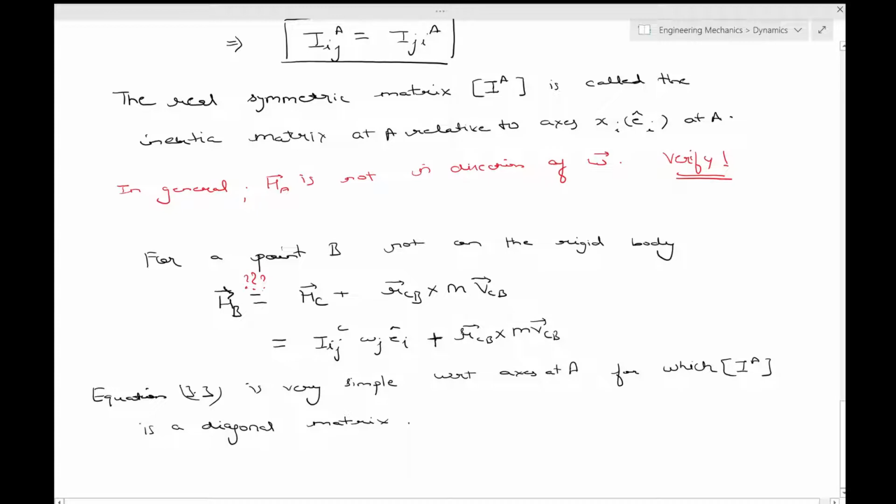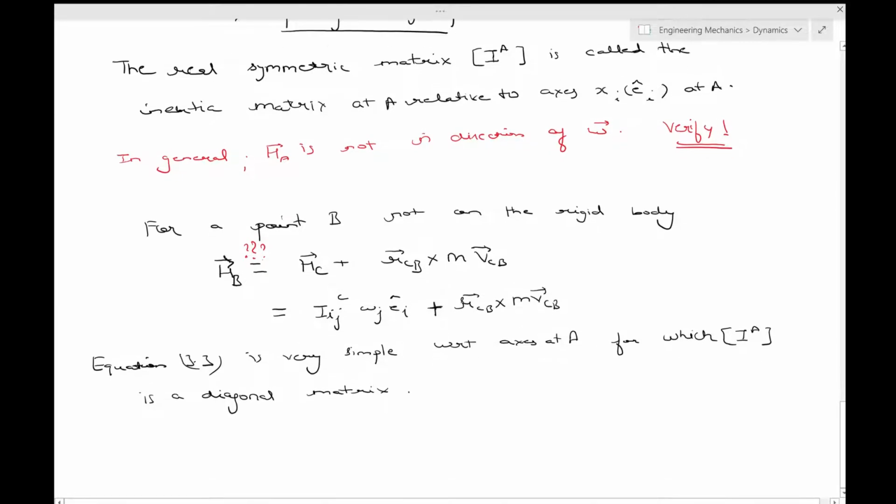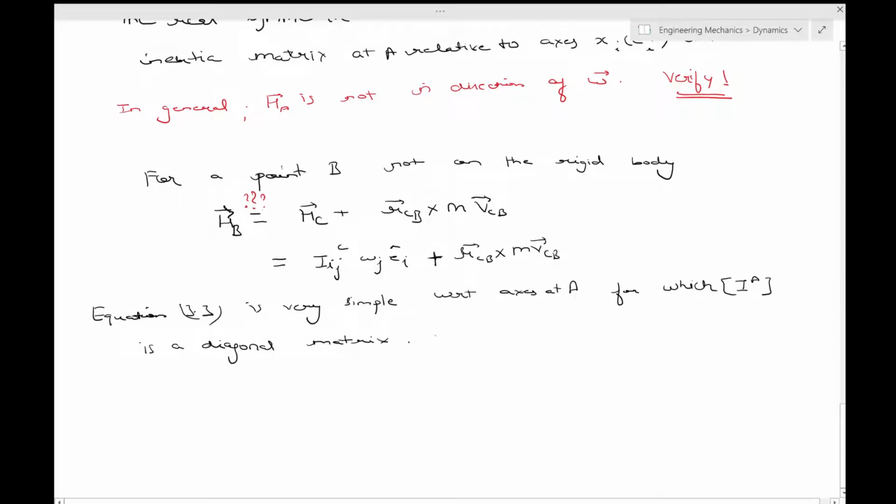Let's now do that, so this is done next. It's not as straightforward, so we'll have to go through some struggles of mathematics before we do that, but when it's done, it will be in a form which is very easy to use in most engineering applications.